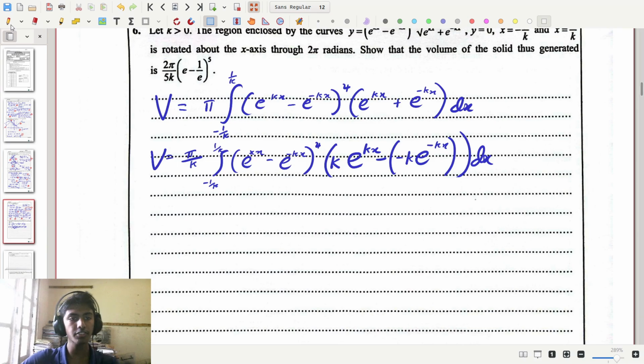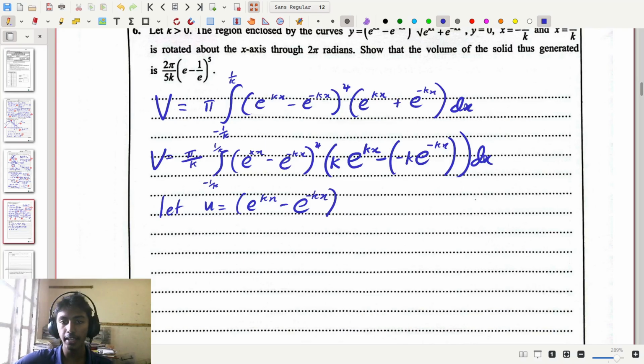So we're not going to write it like this informally. We're going to go to the next line and say properly, let u be equal to this thing on the inside here, which is e to the kx minus e to the minus kx. Doing that, we can see that du is going to be equal to this thing's derivative, which we already established is equal to k times e to the kx plus k times e to the minus kx dx.